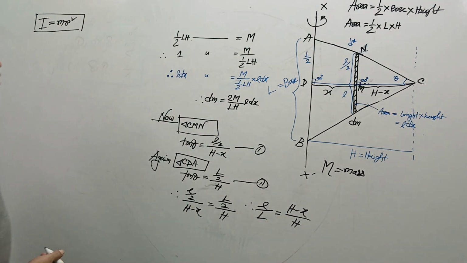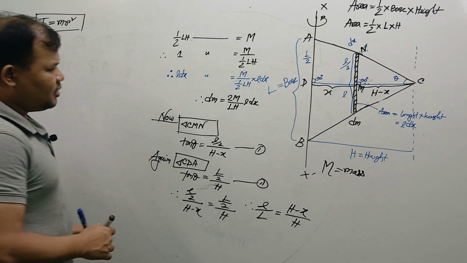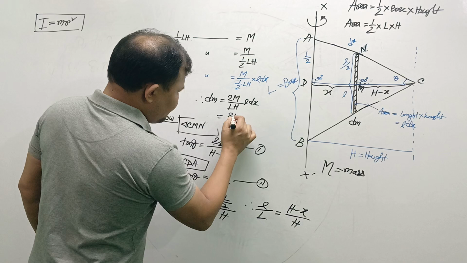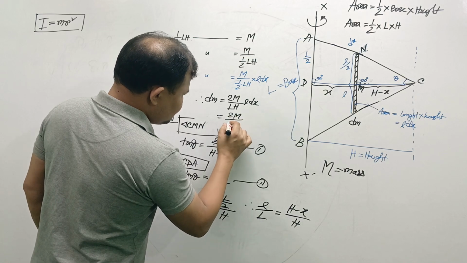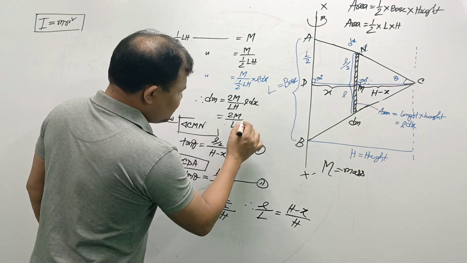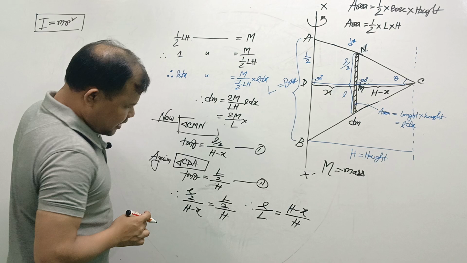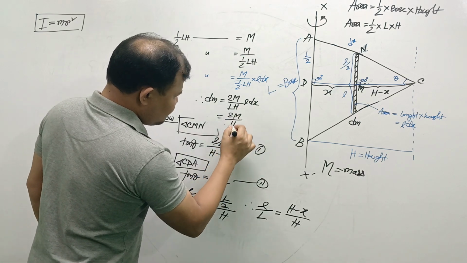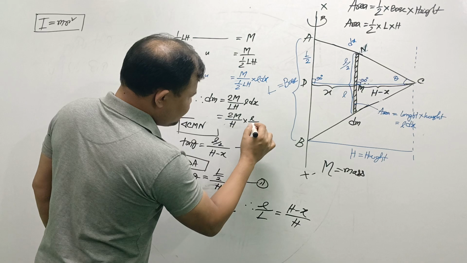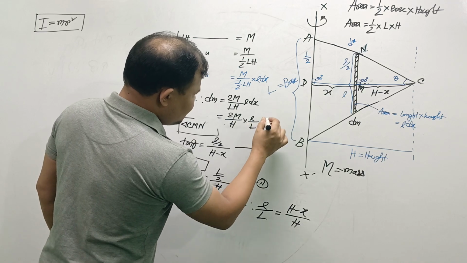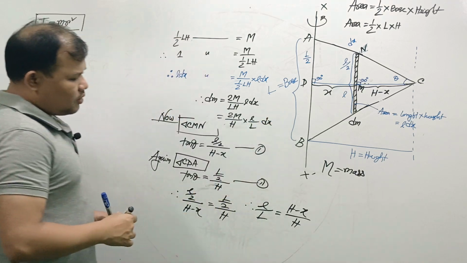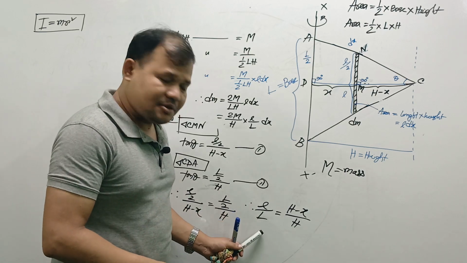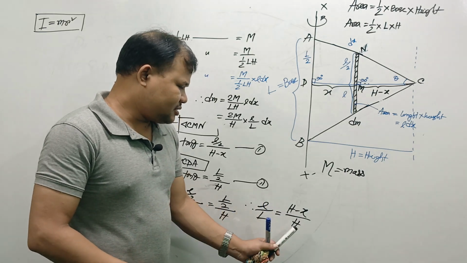This is the value. Now we put the value here: 2M divided by L, we take h and L dx. Already we found the value of small l divided by capital L is h minus x divided by h.